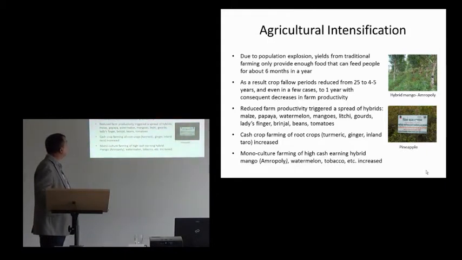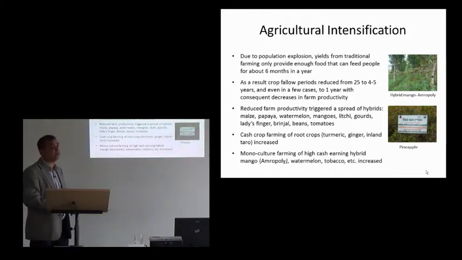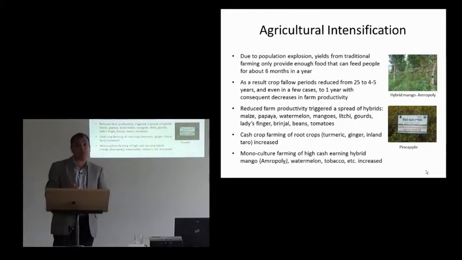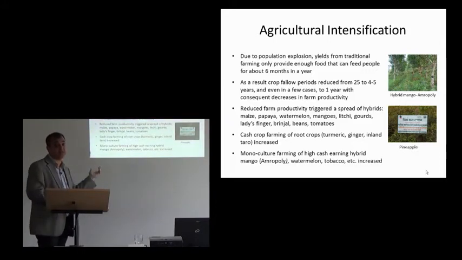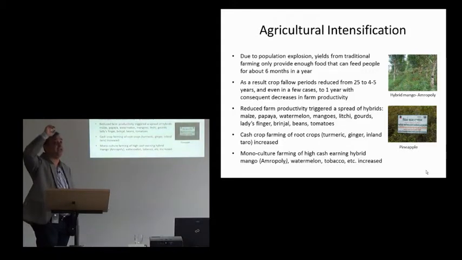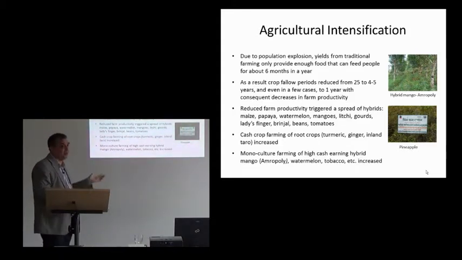As I have mentioned earlier, there is a population explosion, and yields from traditional farming alone cannot meet the needs of the rising population. So the crop fallow periods are reduced even to 1 year. Ideally it should be at least 4 to 5 years, but these days it's reduced to 1 year. And previously, maybe 100 years ago, it was 25 years. So the longer the better for the soil to regenerate.